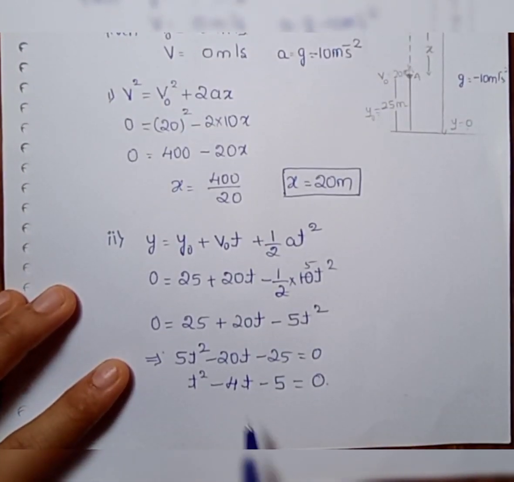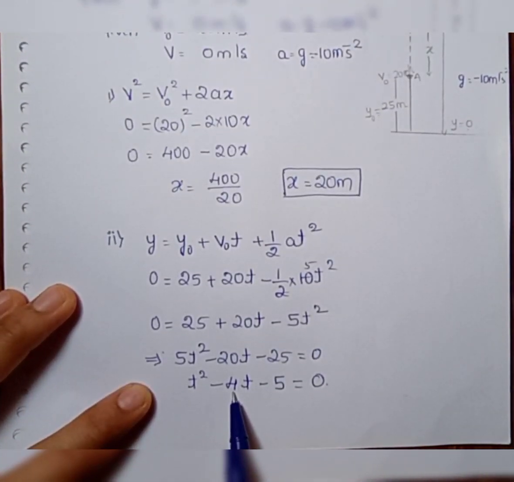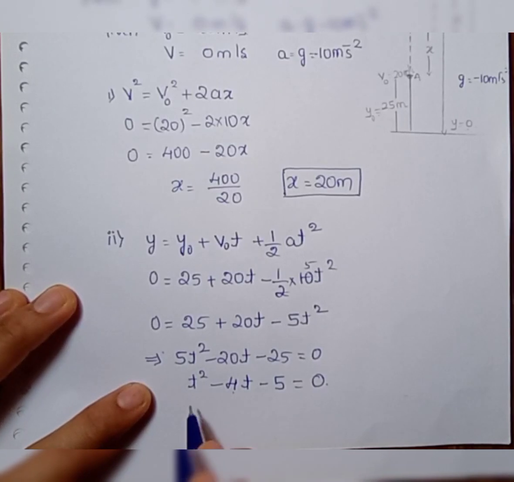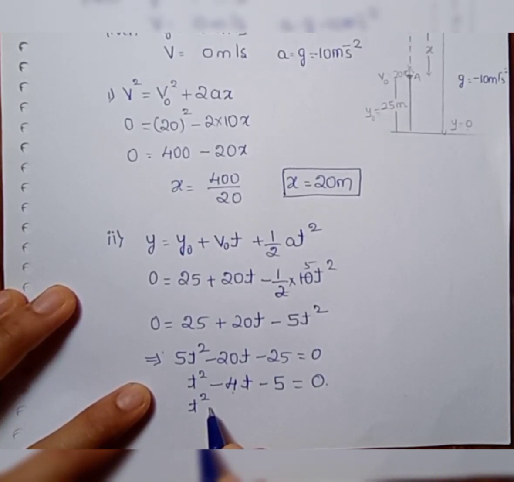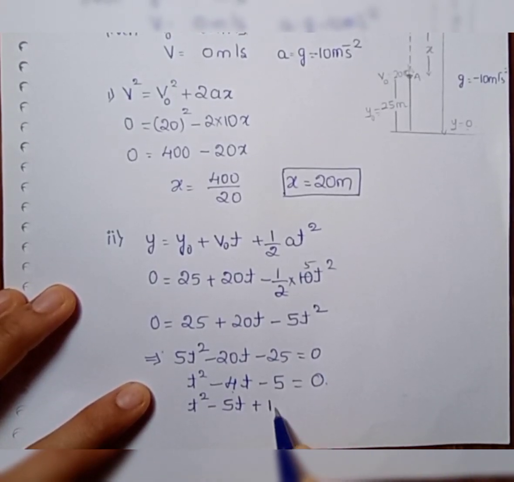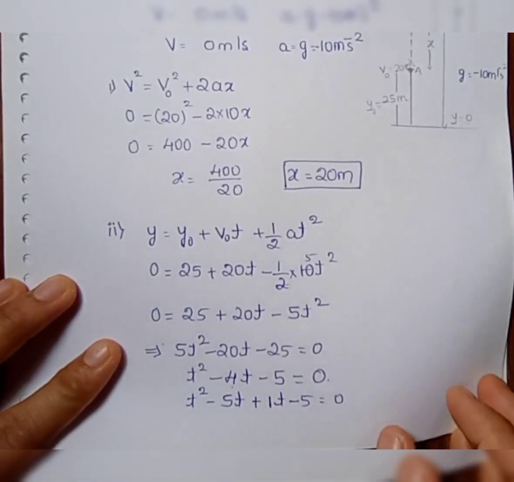Now middle term we have to split it, then which gives the final answer, t square minus 5t plus 1t minus 5 is equal to 0.